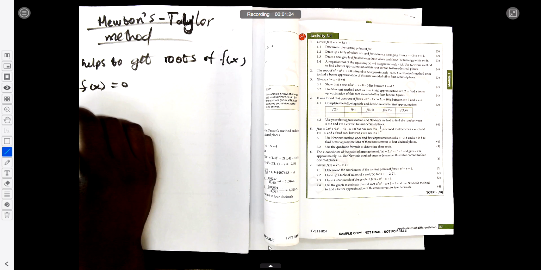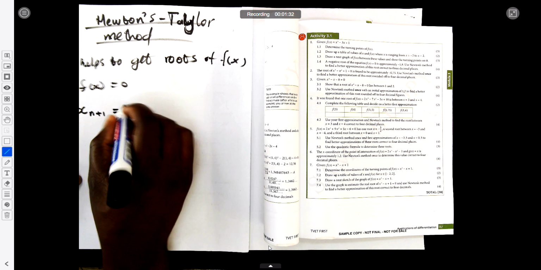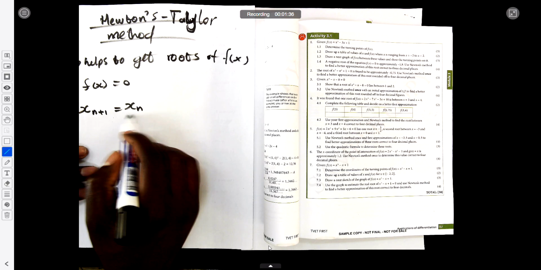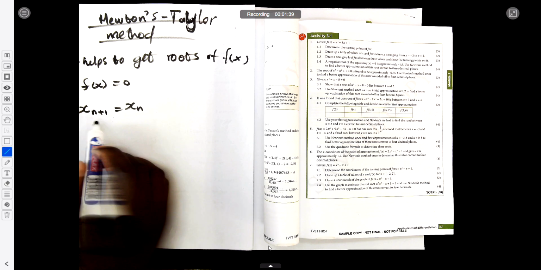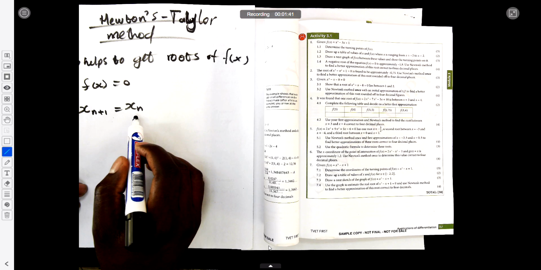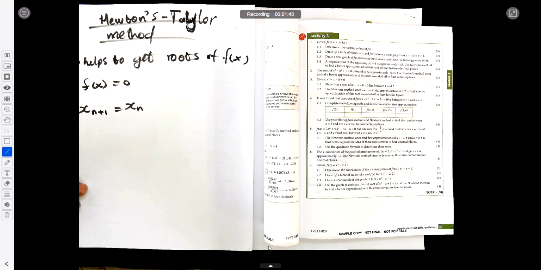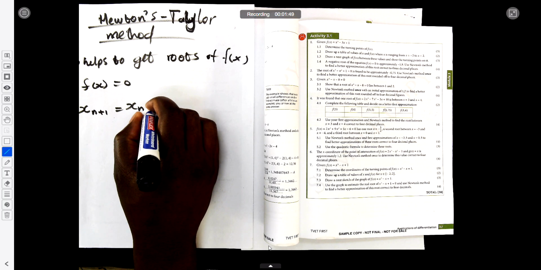So we have a formula that you can use. The general one will be written in this way: xn plus 1 equals xn, where xn is the initial value that you are given as a root, and xn plus 1 is an approximation better than xn. So this initial one, when approximated, we will get a better approximated root.